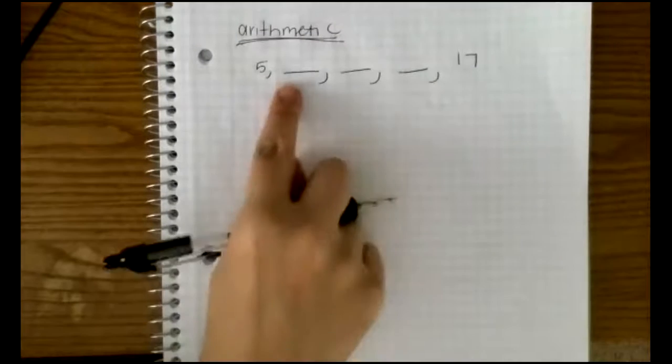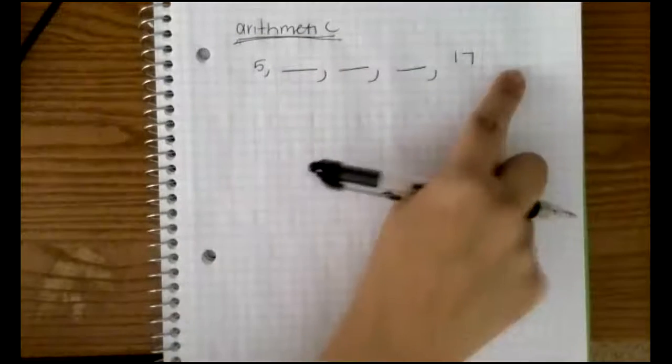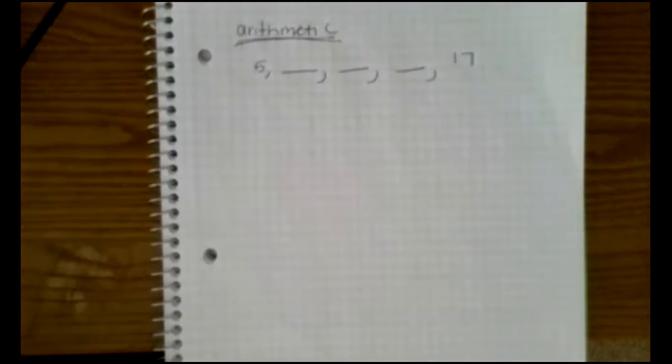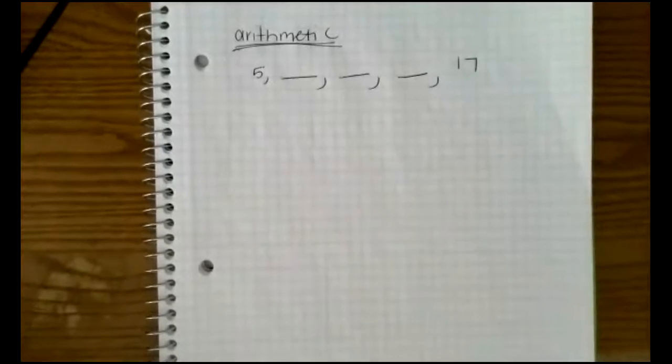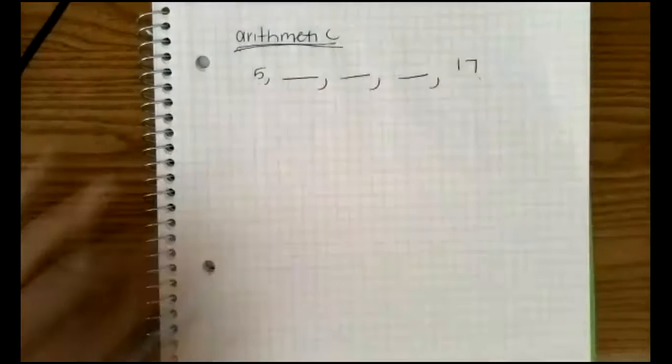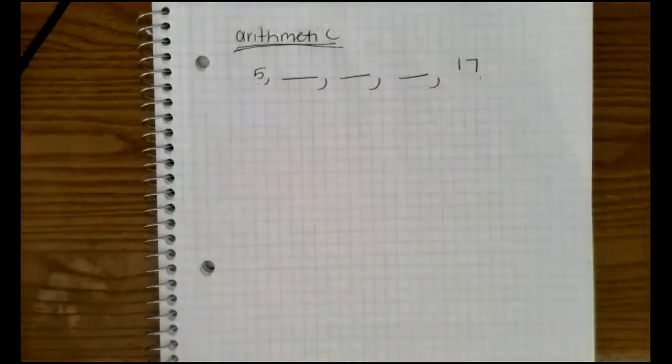Some people are able to find these missing terms very easily, and some people aren't. If you can solve it easier, if you see the answer, then that's okay. Write the answer. But I like to go over it just in case there were bigger numbers or decimals or something you didn't see.